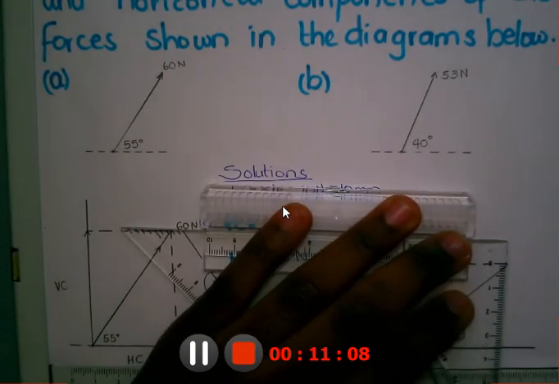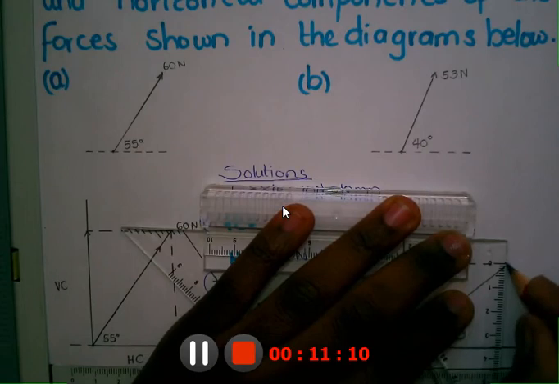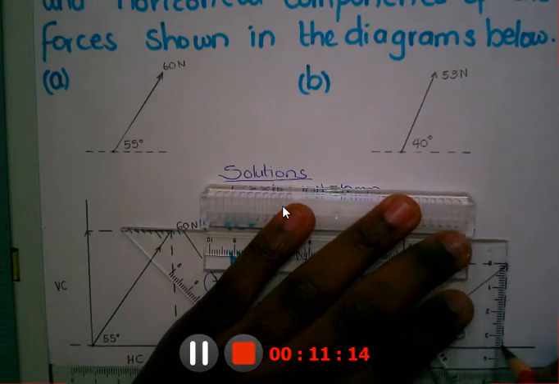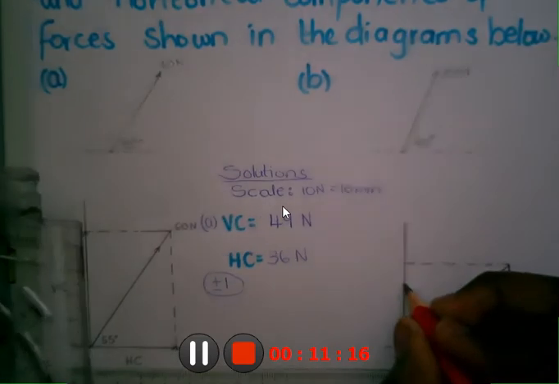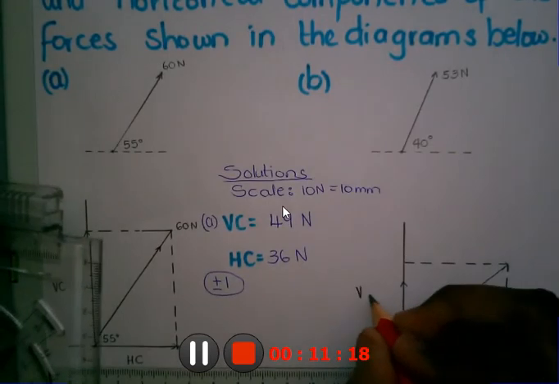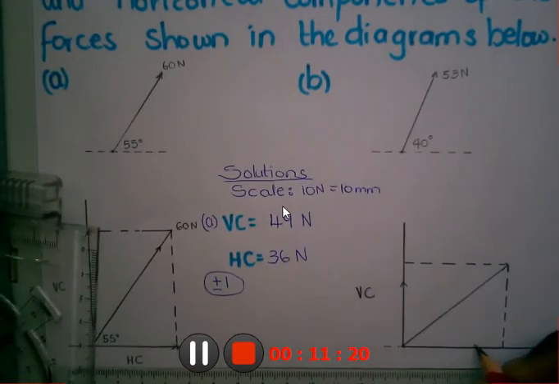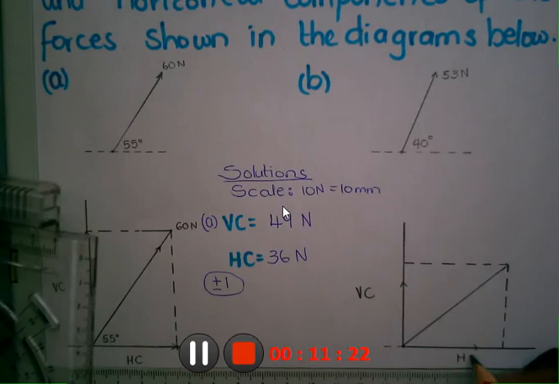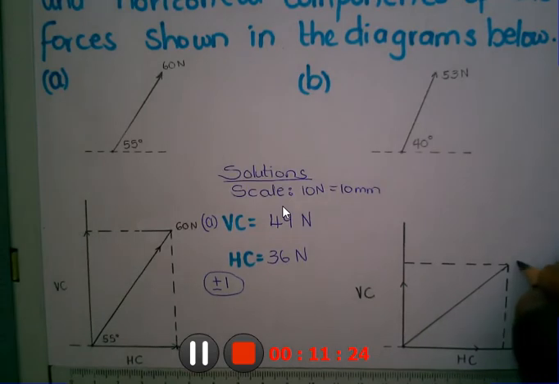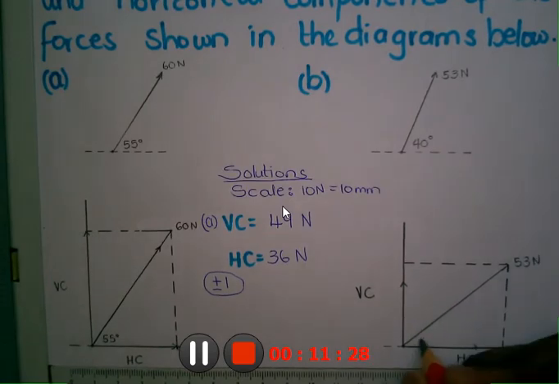Then you also join the bottom, your horizontal component, to the top of the given force. Then you indicate that this is my vertical component and that is my horizontal component. This is 53 newtons and this is 40 degrees.